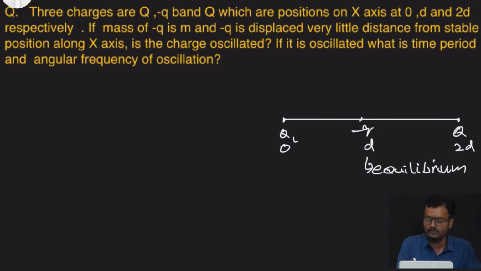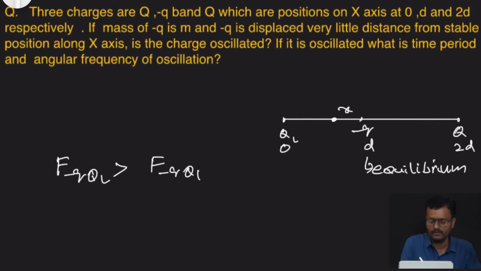Now minus q is displaced from its position. Suppose it is displaced a distance x towards the left side charge. Then see here, the attraction force on minus q by the left side q is more than the force on minus q by the right side q.